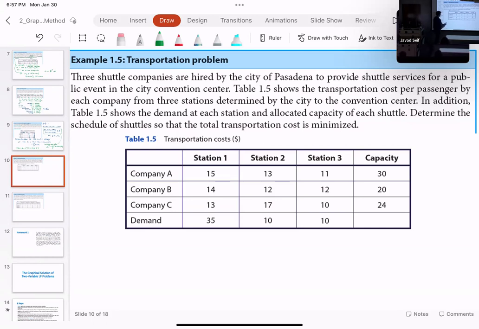So we want to see how many of each station each company is going to take, and the capacity of each company is given, and the number of people on each station is given. Let's say these are 3 different buses. The wording of these problems is a little weird, but the idea is these 3 buses are going to take this many people from each station.